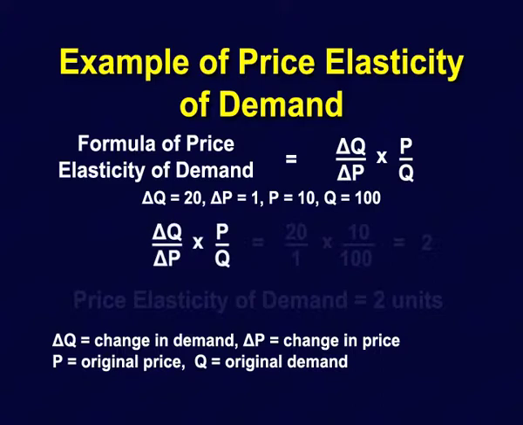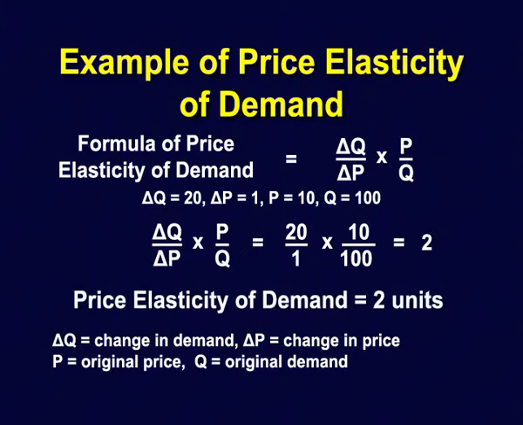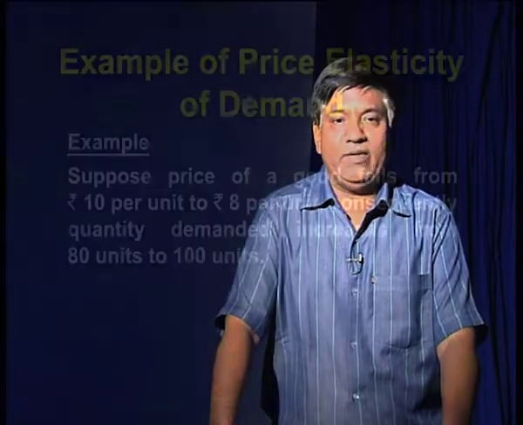When we replace these values in this formula, we find 20 upon 1 multiplied by 10 upon 100, and we come to the conclusion that the price elasticity of demand in this case is 2. So, then we know that the demand is elastic to the changes in the price level.